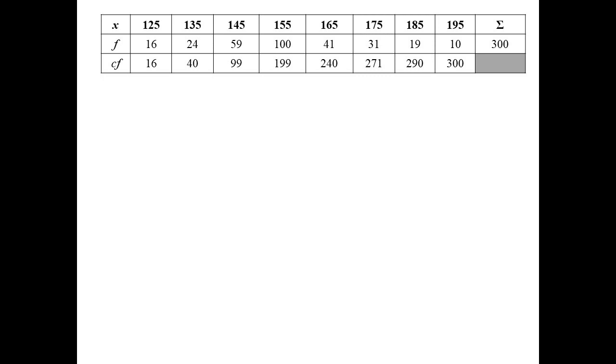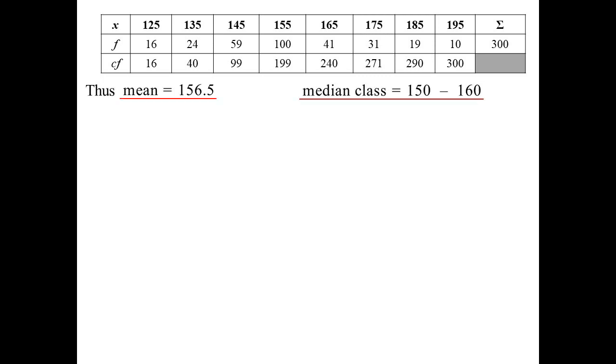All right, let's summarize what we found. The mean is 156.5. The median class, that's why I've drawn the cumulative frequency here, because to work out the median, I need to know where the middle score would be. We've got 300 scores, so middle, well, it's an even number.